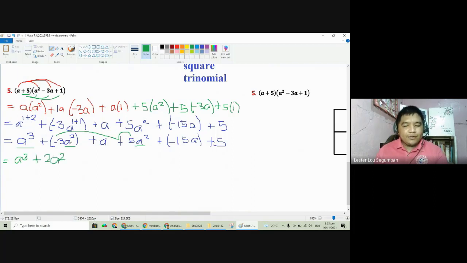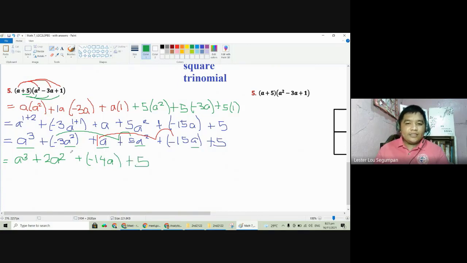Next are the a's. You have a and a here. It has 1a plus negative 15. You have here plus negative 14a. And finally, the constant 5.